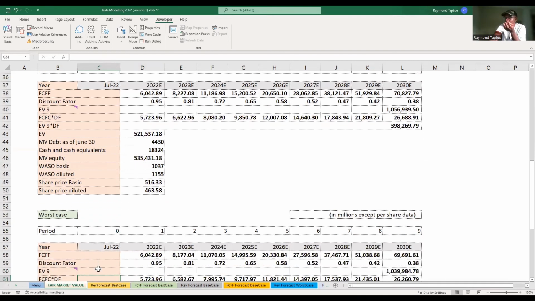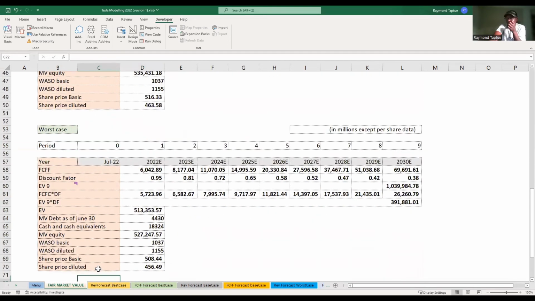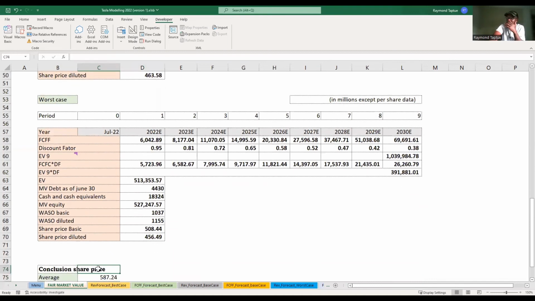I will use the same approach using the worst case scenario, and I will get the share price of about $508 using the basic weighted average stock outstanding, or the value of 556 using the diluted weighted average stock outstanding.